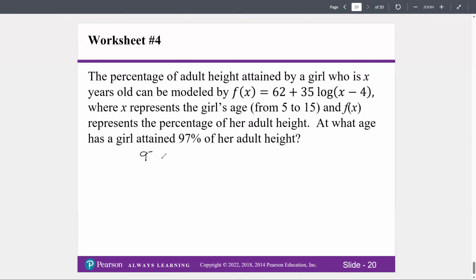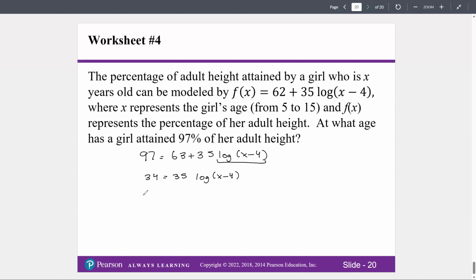They should have 97 equals 63 plus 35 log of (x minus 4). So we want to isolate the log. We're going to take 97 minus 63. So that is going to be 34 equals 35 log of (x minus 4).